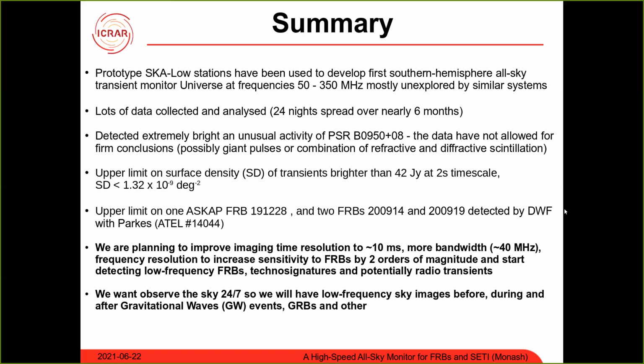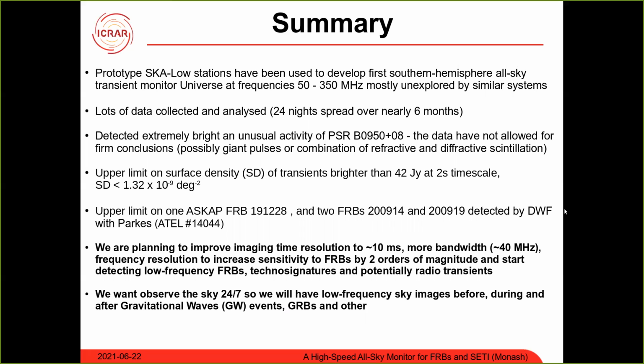We collected a lot of test data, analyzed this data, and found some interesting activity from the long-known pulsar B0950+08, but we also detected one interesting event which was further investigated as potentially an interesting object. This hasn't yet concluded. We determined an upper limit on the surface density of transients.